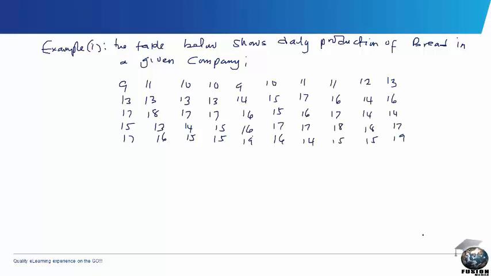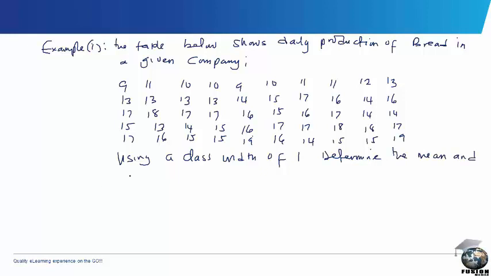I wouldn't like to waste our time anymore, and so we'll be using a class size of 1. Determine the mean and the standard deviation, as well as the variance for the data above.